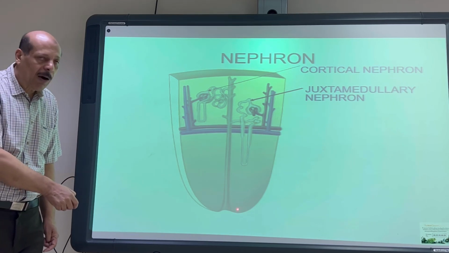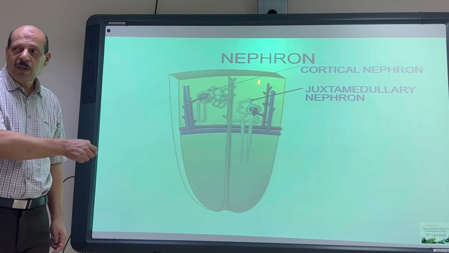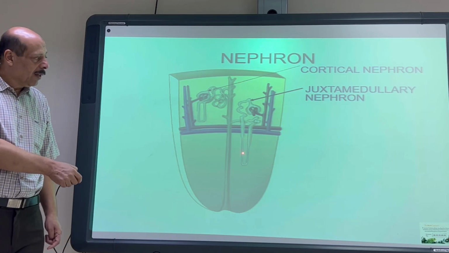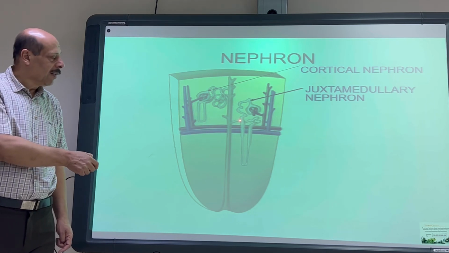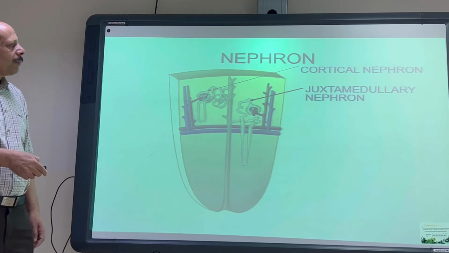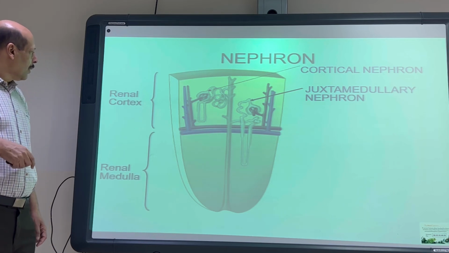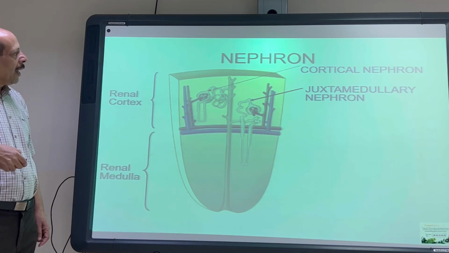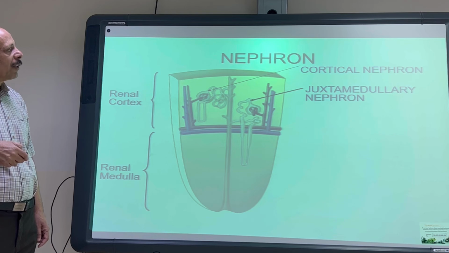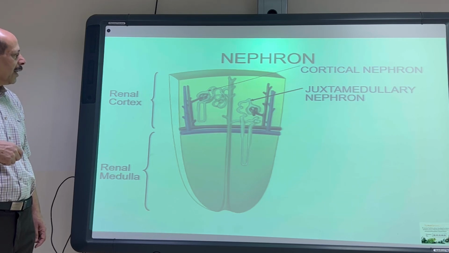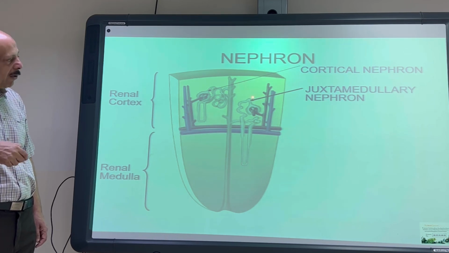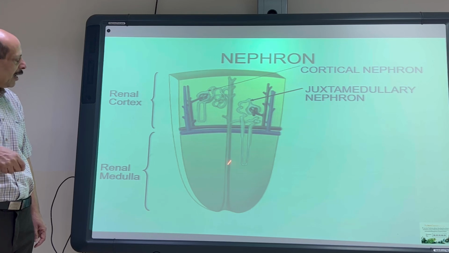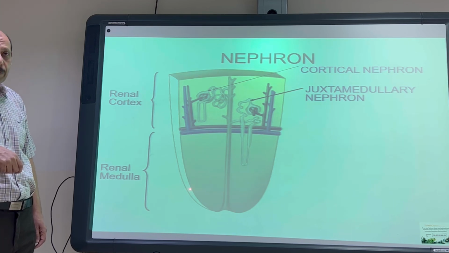It is going down through the pyramid. It will go down, so it is longer. The cortical nephron is present in the renal cortex, and the other is present in both, part of it in the cortex and part of it in the renal medulla.